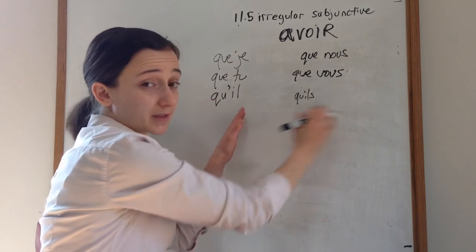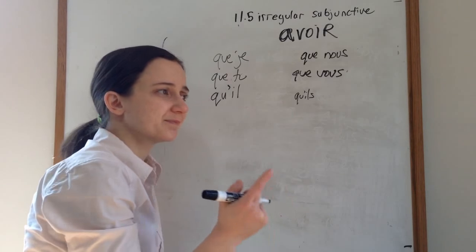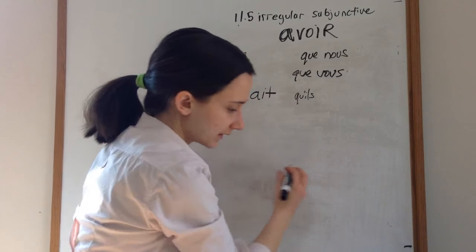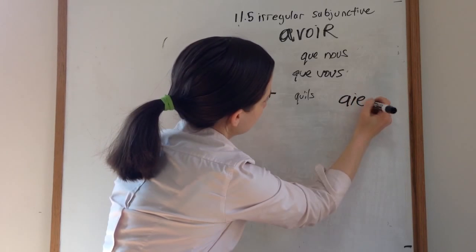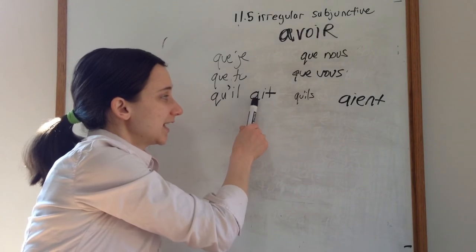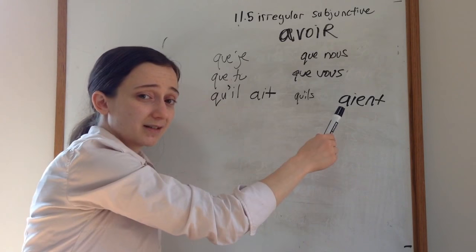Let's work first in the third person, because those are actually pretty similar to something you've already seen before. Recognize it? AIT, remember? And the ENT with the AI in front of it.